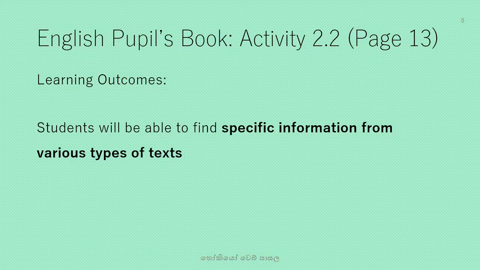Students will be able to find specific information from various types of texts. We read a text a little while ago, and now we are going to find specific information. So let's look at activity 2.2 on page 13 and see what we have to do.